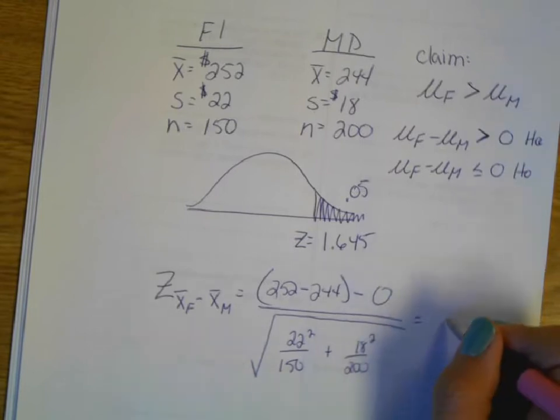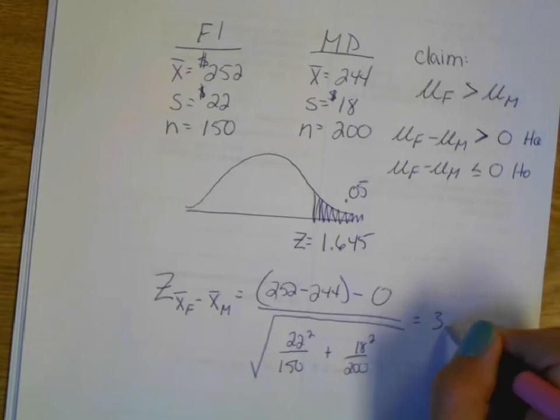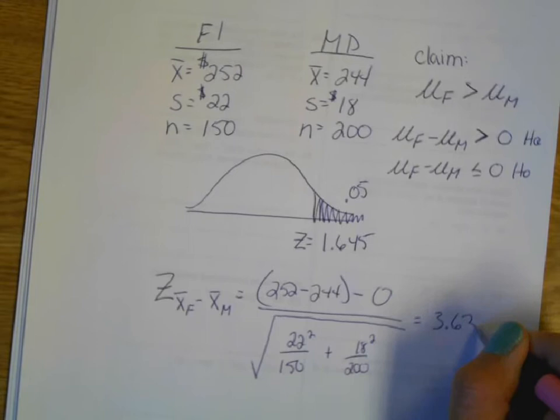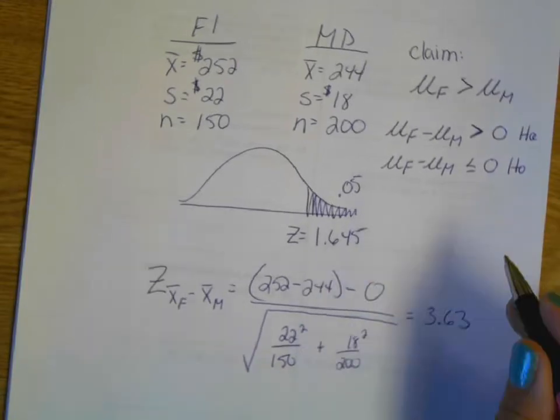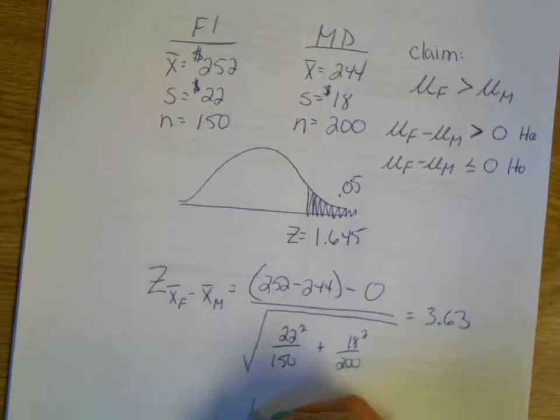Anybody on this one? 3.63. Yep. Okay. So that's into the tail, and we are going to reject the H0.